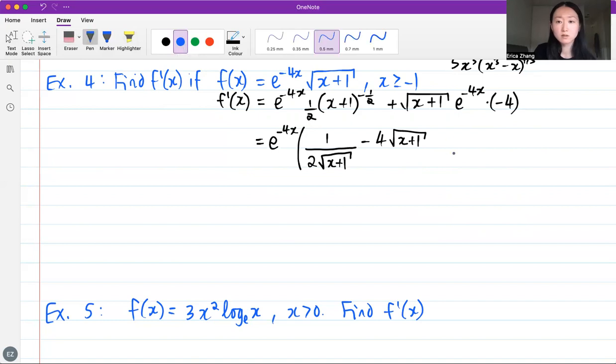Or let's quickly put both terms under a common denominator. And I forgot a 2 as well, so 2 times 2.